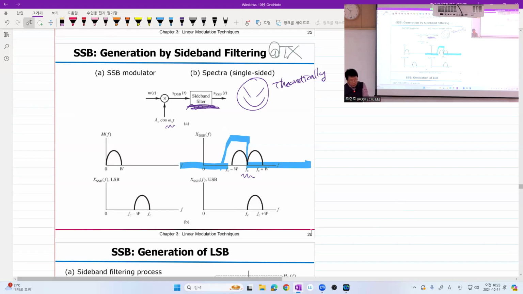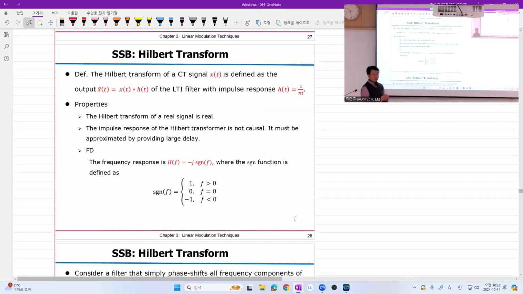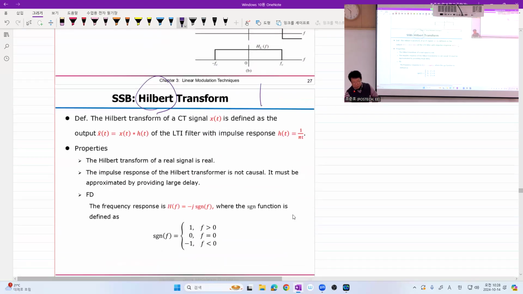Here goes the idea of the Hilbert transform. And the Hilbert transform is not at the level of the Fourier transform. Okay? Even though Hilbert is also a very fine mathematician, this Hilbert transform is a very special linear time invariant filtering. Okay?